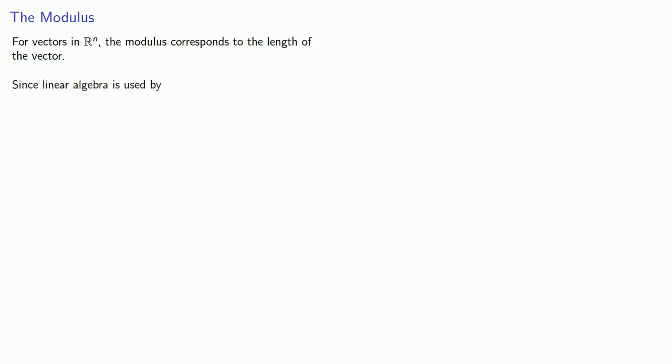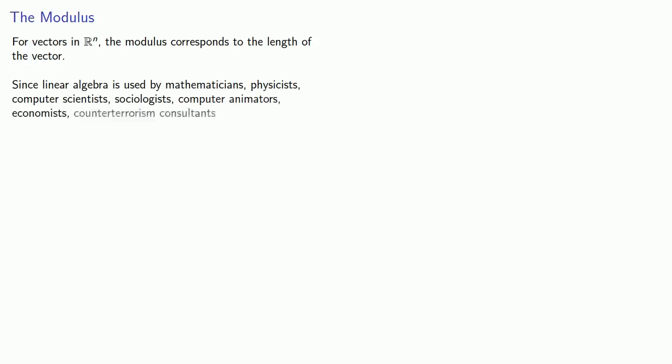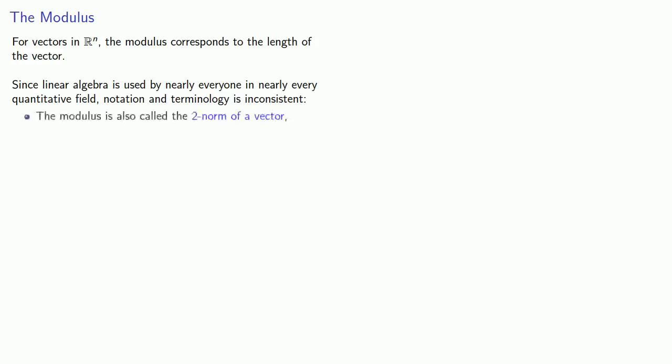Now, because linear algebra is used by nearly everyone in nearly every quantitative field, notation and terminology tend to be a little inconsistent once you leave mathematics. So the modulus might also be called the 2 norm of a vector. And you might wonder, if it's called a 2 norm, is there a 1 norm, a 3 norm, a 17 norm? And the answer is yes. We might also call the modulus the magnitude of the vector.